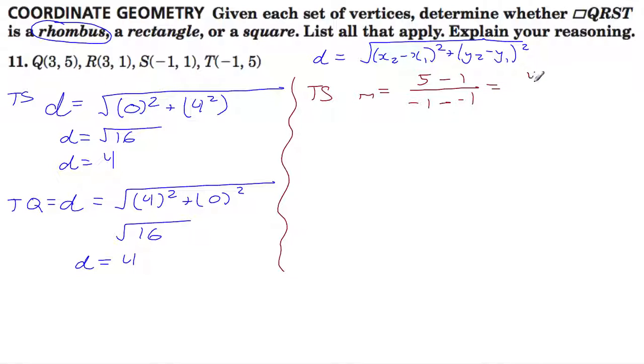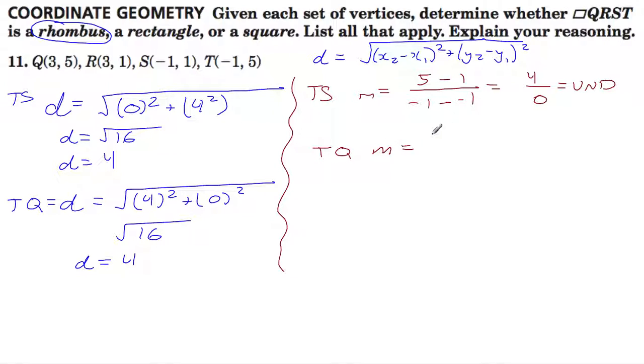So that's going to give us 4 over 0, which we know is undefined. We're going to leave it as 4 over 0 just to see if we get something else. So this is what we call an undefined slope. And so that means that if TQ has a slope that is 0, those will be opposite reciprocals. They will meet at 90 degrees.